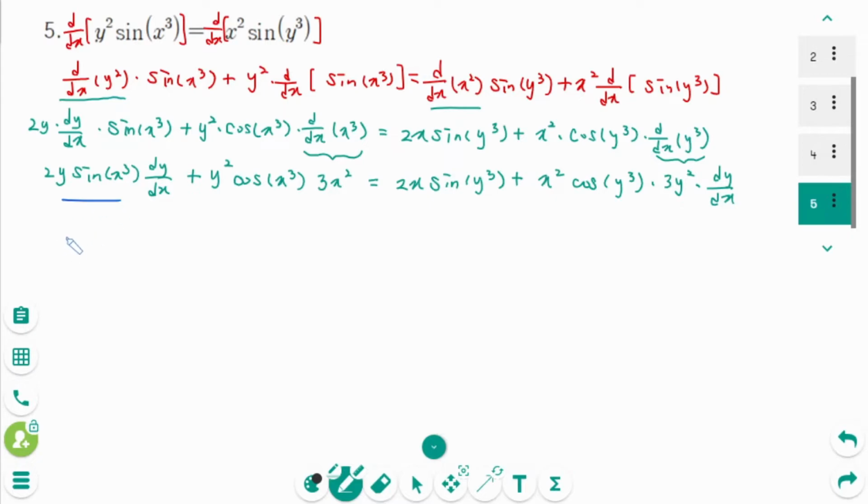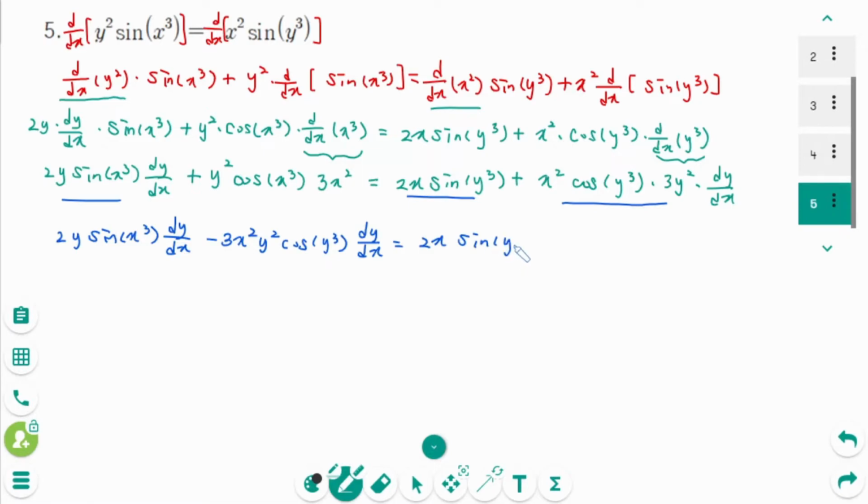Keep this one, 2y sine x cubed dy/dx, move this to the left, minus 3x squared y squared cosine y cubed times dy/dx equals, keep this one, 2x sine y cubed, move this to the right, minus 3x squared y squared cosine x cubed.